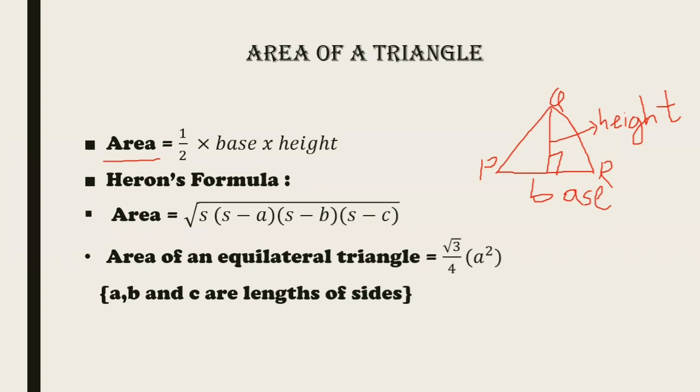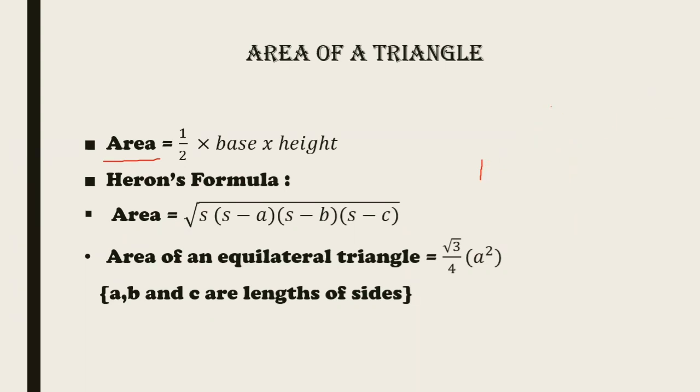Next, in the 9th standard, you have studied Heron's formula. In Heron's formula, we use it when we know all three sides of a triangle. Here, a triangle ABC, where all three sides are given.